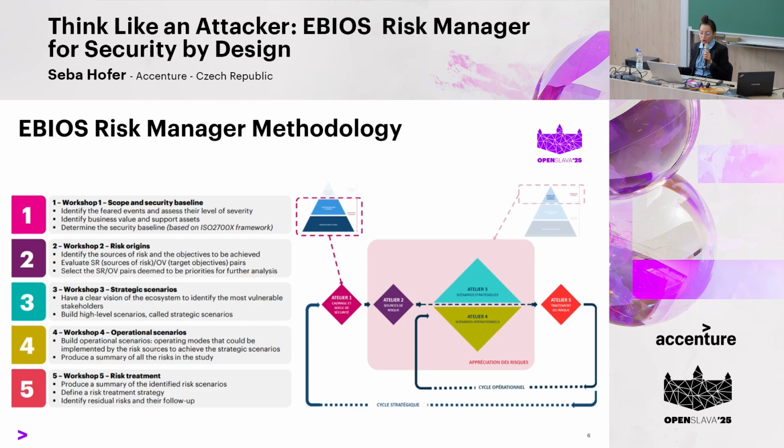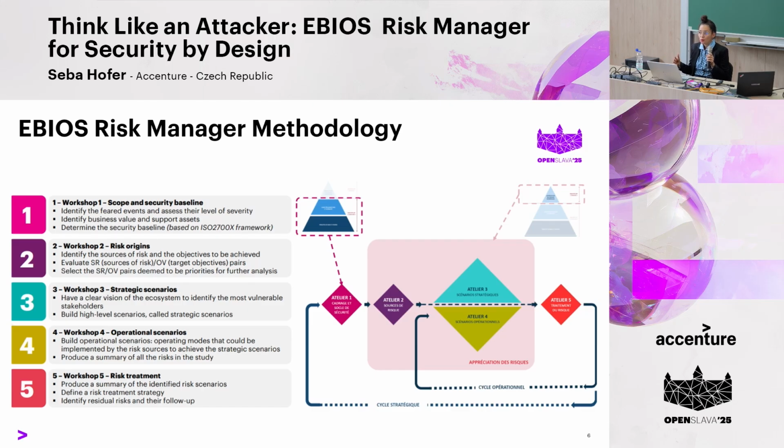So a quick overview of the workshops. The first one is going to be the scope. Here, we involve the business and discuss the scope of the risk analysis. In the case study I will introduce, it is about an application.